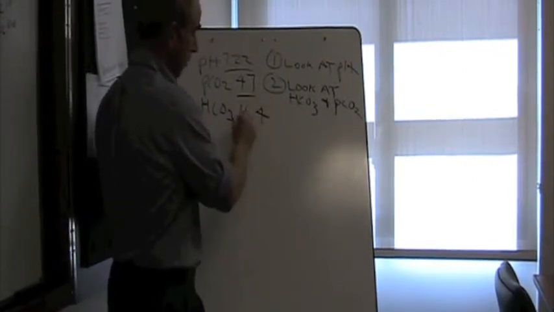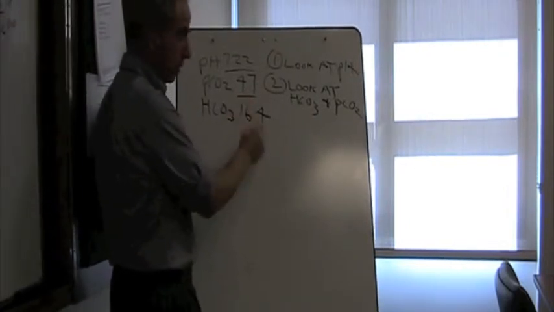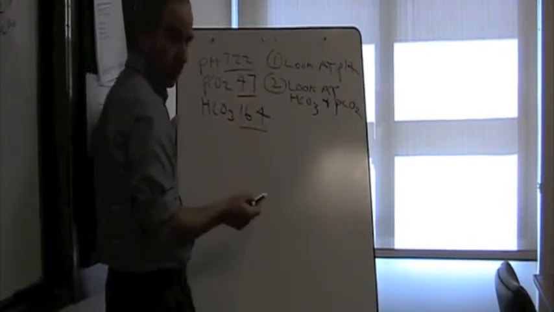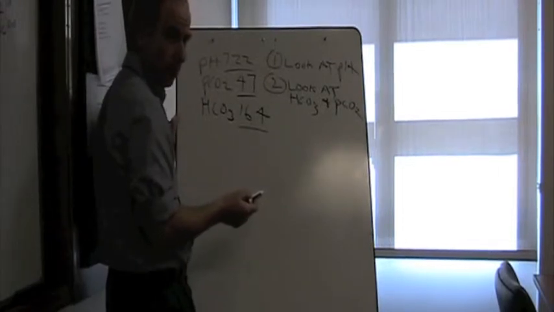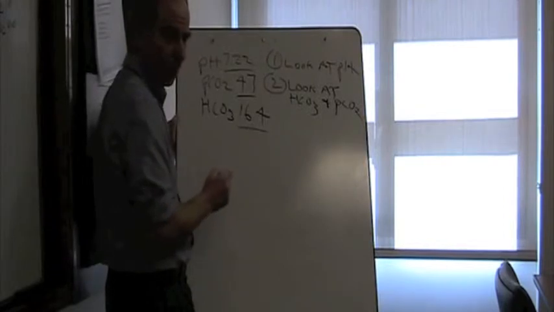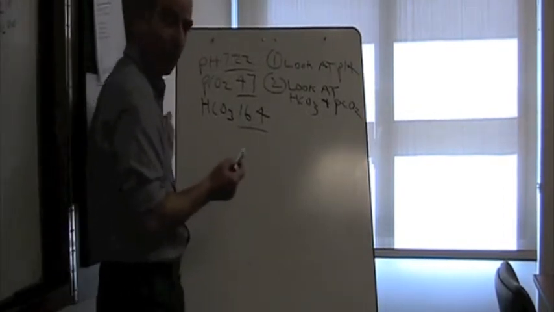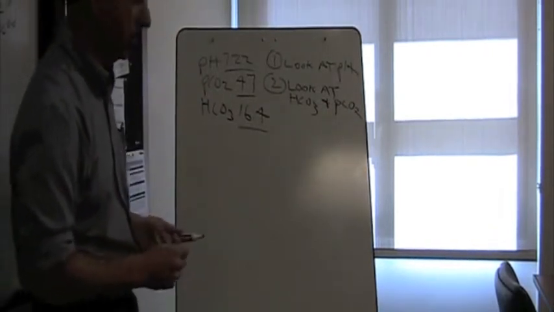So you have a primary respiratory acidosis and a primary metabolic acidosis, right? Because both of them are acidosis. So basically you're done. That's why this was not a good one. So let's have a better one. Let's have one where there's a mixed disturbance.